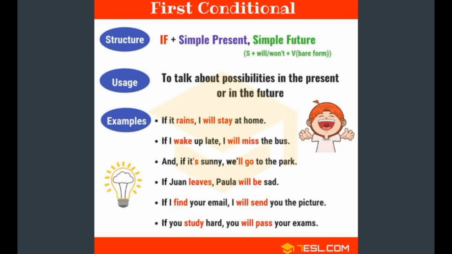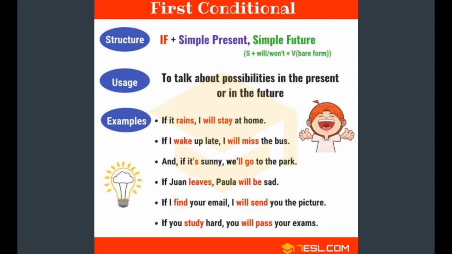Examples: if it rains, I will stay at home. If I wake up late, I will miss the bus. And if it's sunny, we'll go to the park. If Juan leaves, Paula will be sad. If I find your email, I will send you the picture. If you study hard, you will pass your exams.